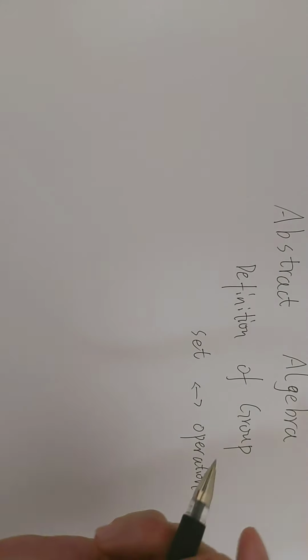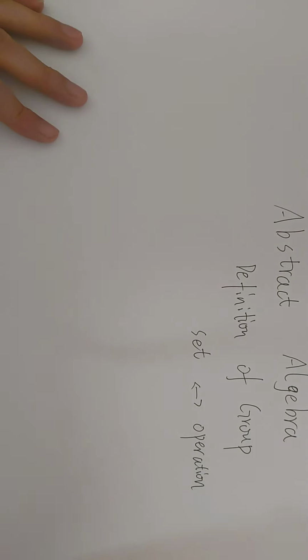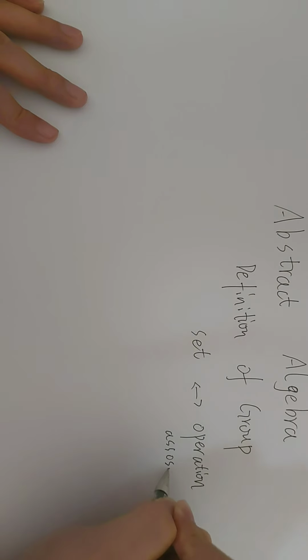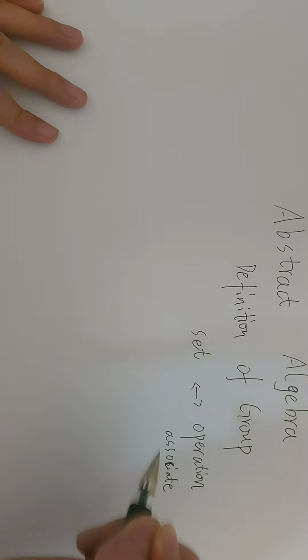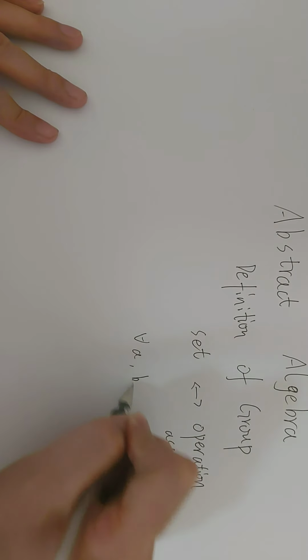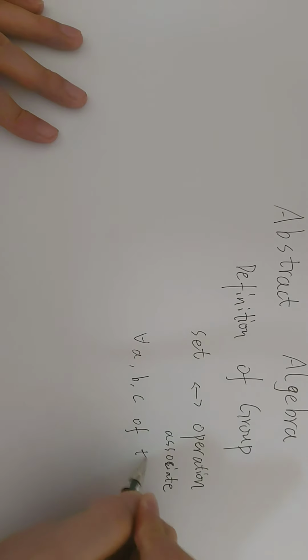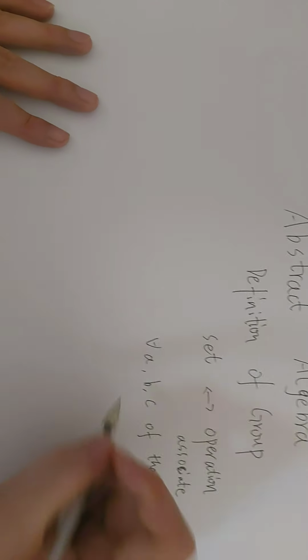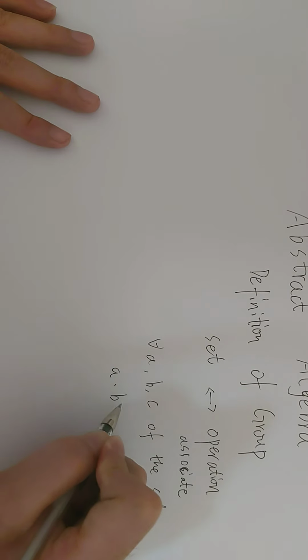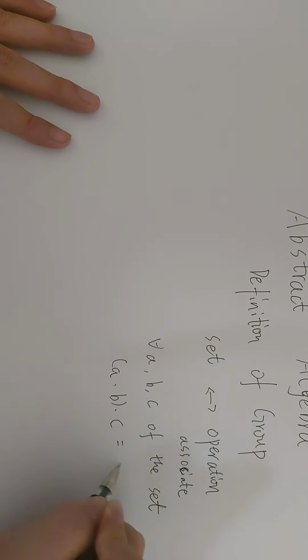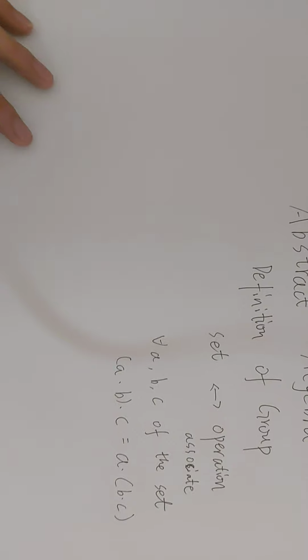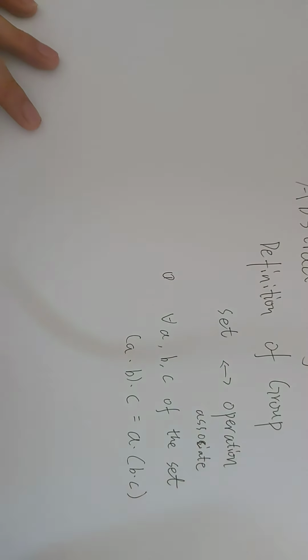First of all, the operation must be associative, which means for arbitrary A, B, C in the set, (A operate B) operate C equals A operate (B operate C). This is the first rule.